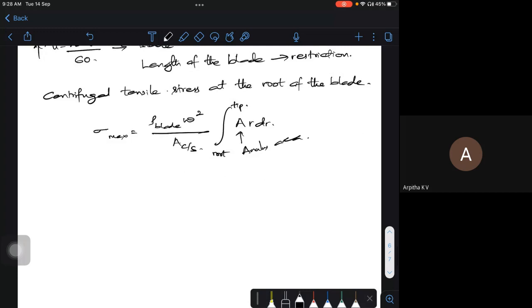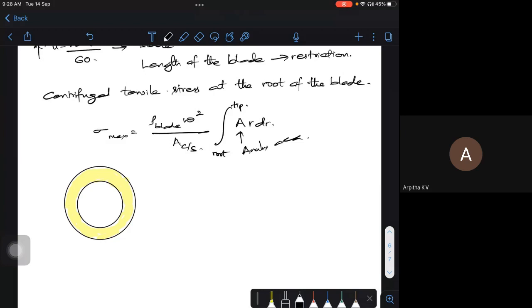It is the area where your fluid is flowing, depending on 2 pi r, the circumference. So this A is your annulus area, and A_CS is nothing but your cross-sectional area, which will be just pi d square by 4 or pi r square, whatever. Here the annulus area becomes very critical.